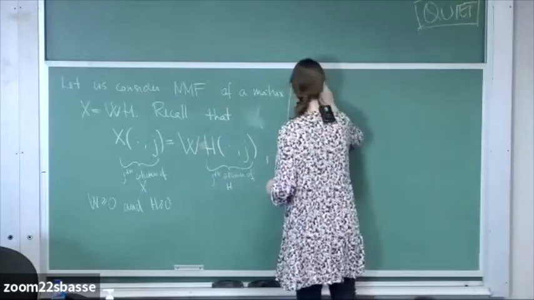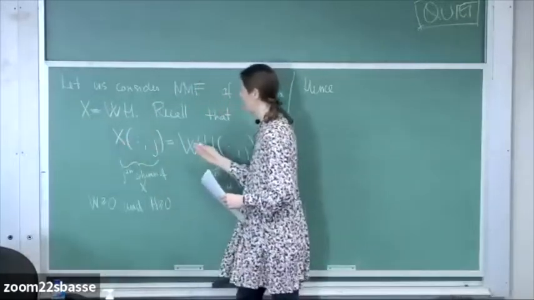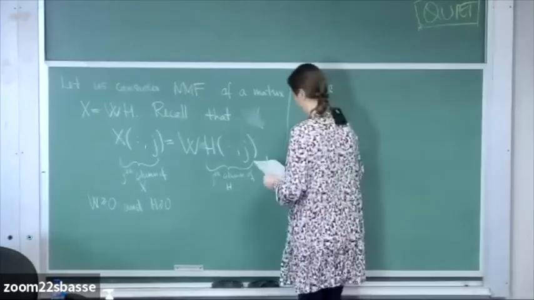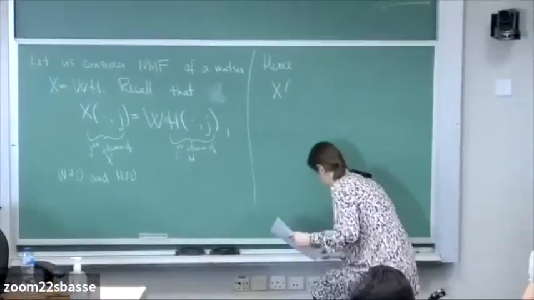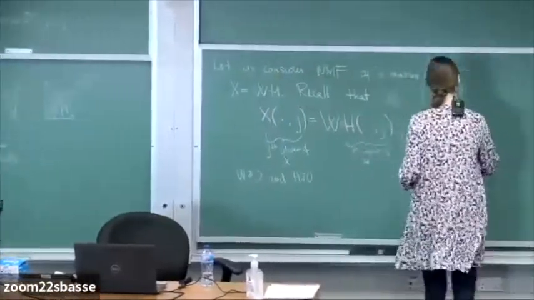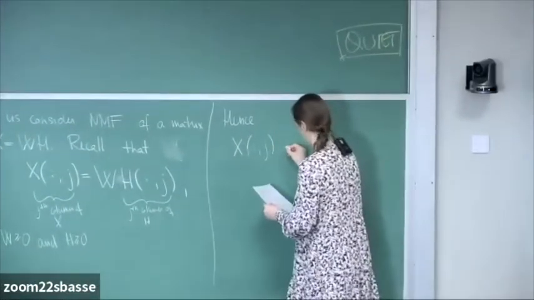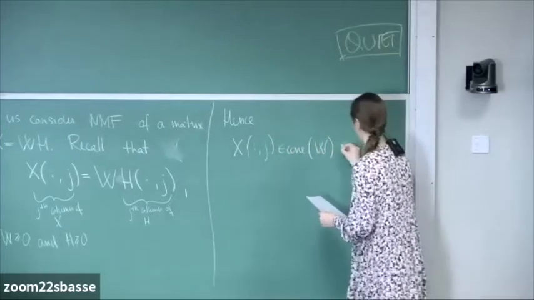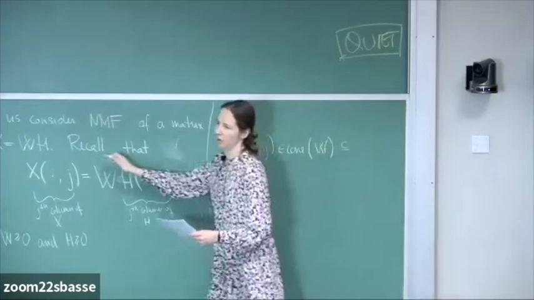So hence, these columns are in the cone of W. And so this is the cone part. So that comes from what I wrote down here.